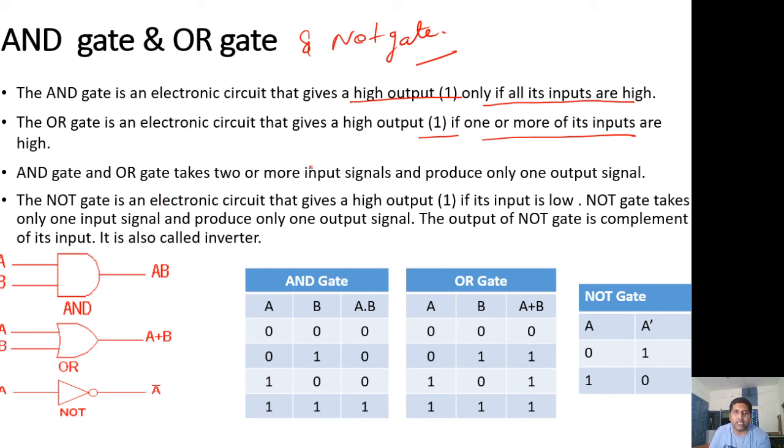AND gate and OR gate take two or more input signals and produce only one output signal.